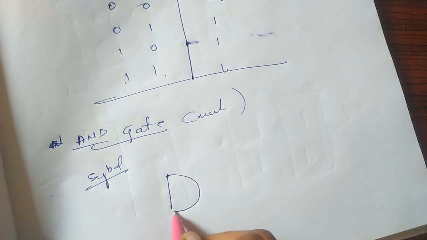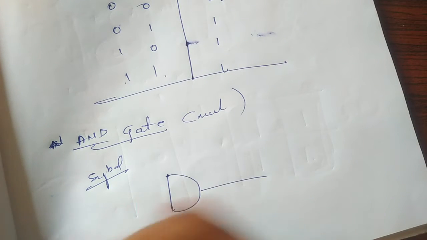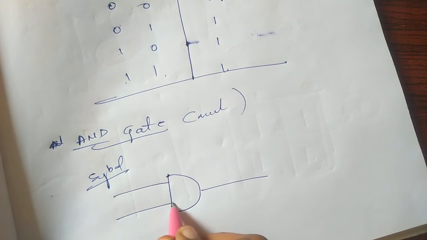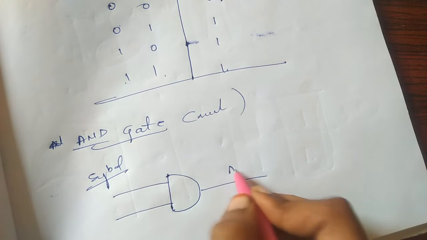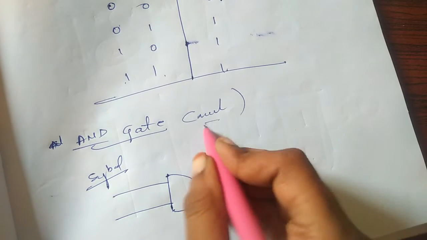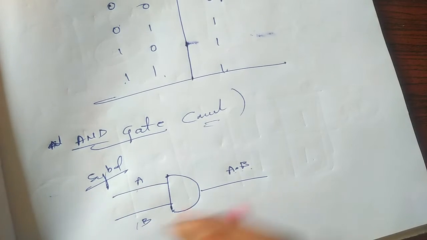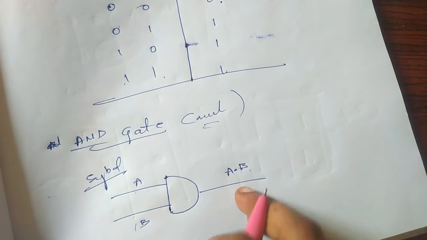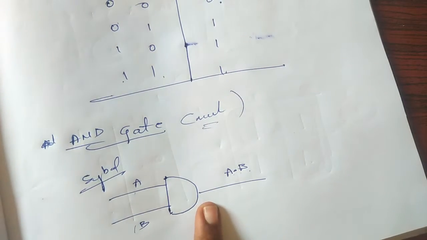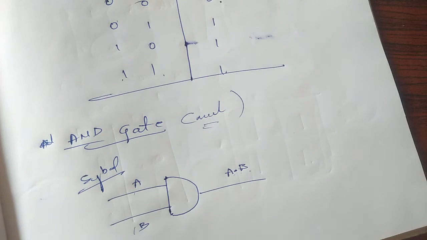You can give many inputs, but you get one output, that is A dot B, as in multiplication, taking A and B as inputs. The combinations are obtained by 2 power n, where n is the number of input variables that we have taken.